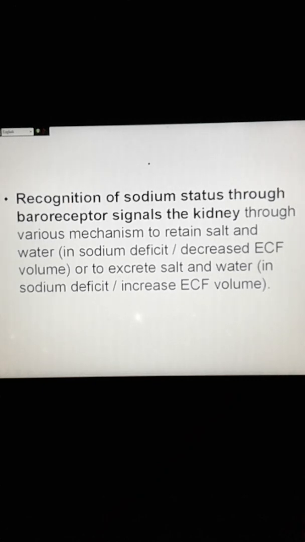Recognition of sodium status through baroreceptors signals the kidney through various mechanisms to retain salt and water in sodium deficit or decreased ECF volume, or to excrete salt and water in sodium excess or increased ECF volume.